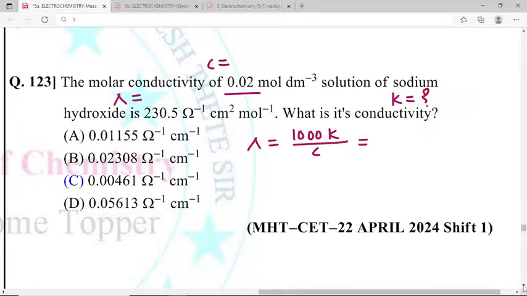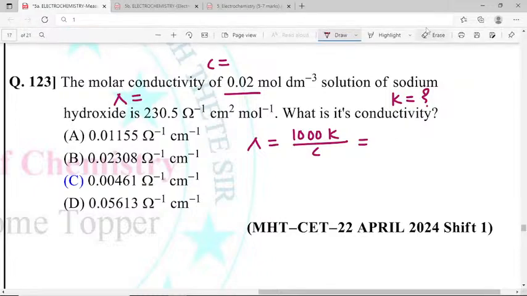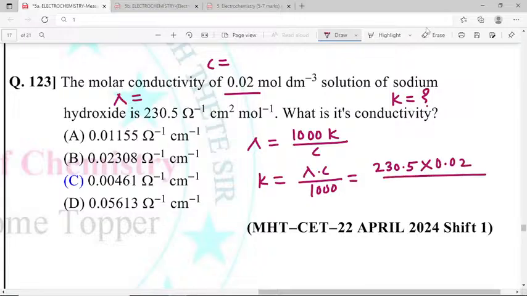First modify the formula for K. So K is equal to lambda into C divided by 1000. So what is the lambda value? 230.5 multiplied by C. How much C? 0.02. This whole divided by 1000.